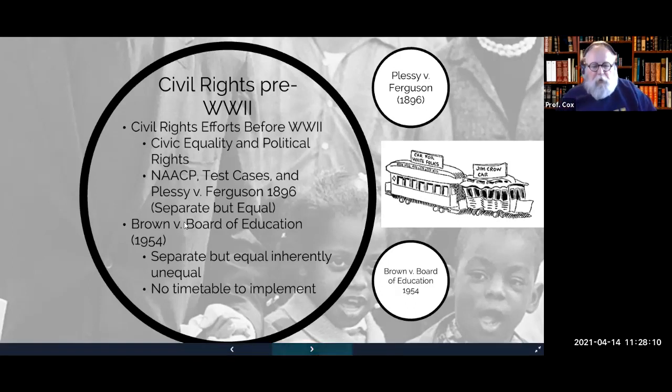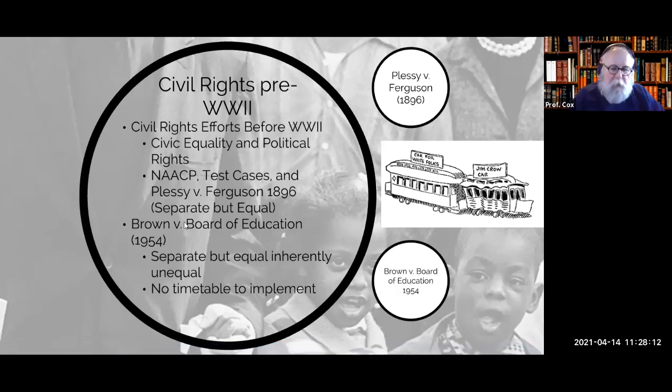Because in order to overturn all the Jim Crow laws, you'd have to challenge each one in court. And there's thousands of different laws in thousands of different jurisdictions. And so even though you may win every case, it's not possible to try so many cases that it has a significant effect.